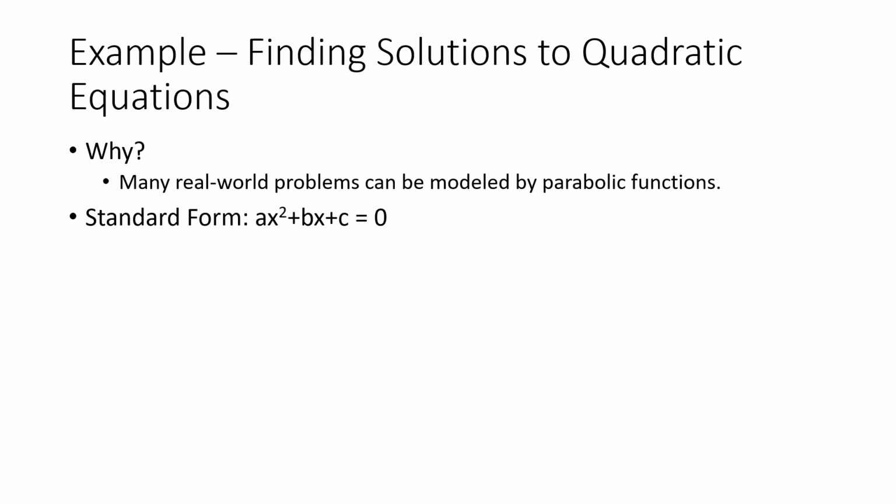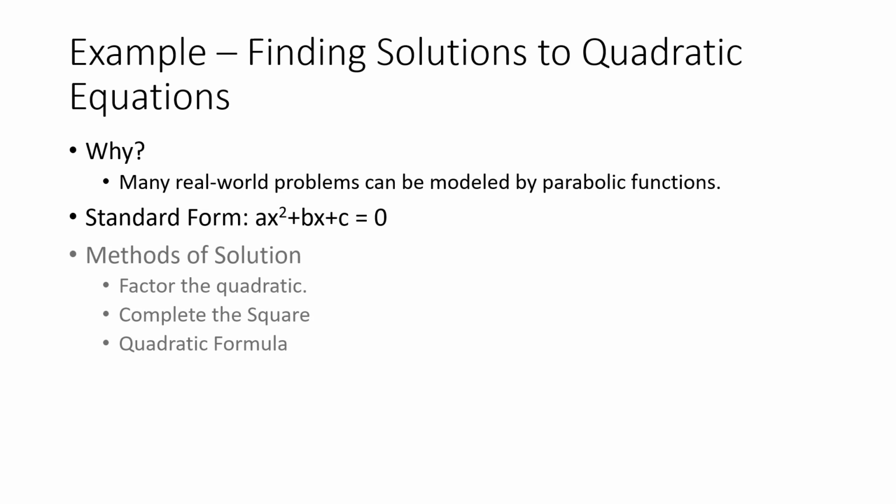The standard form of quadratic equations usually takes the form of ax squared plus bx plus c, where a, b, and c are constants, and all of that is set equal to 0. Here are some methods of solution for solving these quadratic equations.